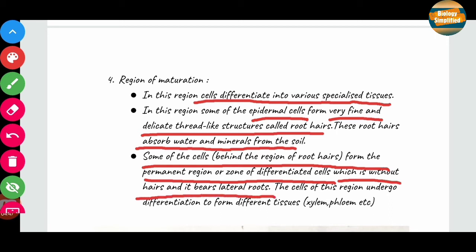The cells of this region undergo differentiation to form different tissues like xylem, phloem, cortex, etc. They bear the lateral roots, that is the secondary and tertiary roots. So this is the region of maturation.